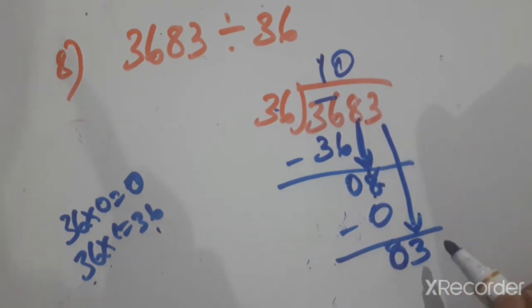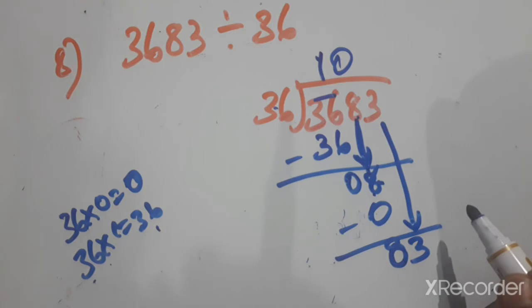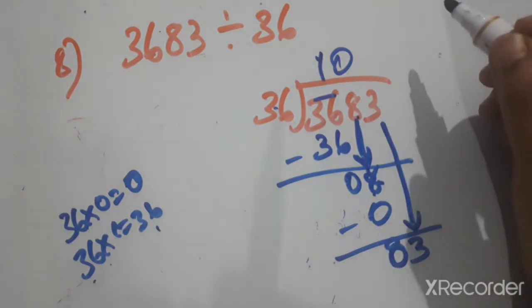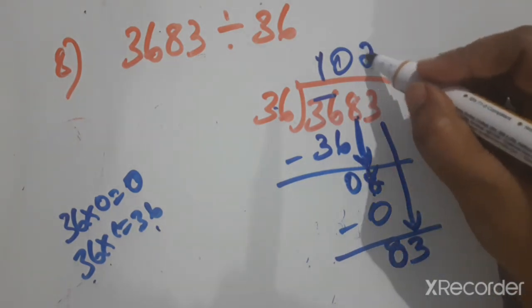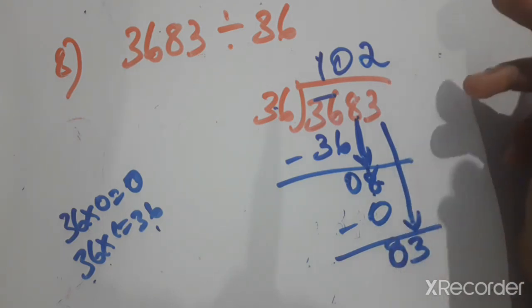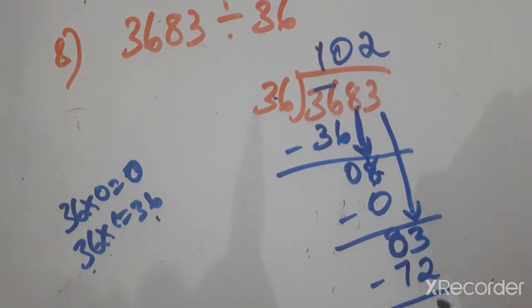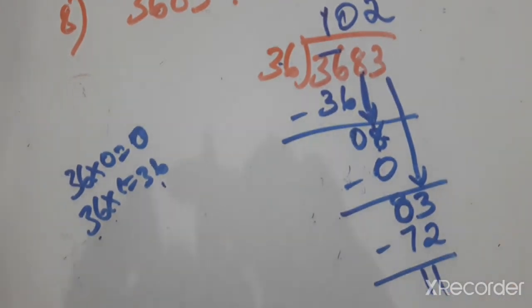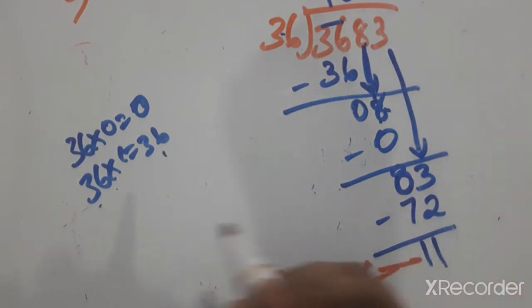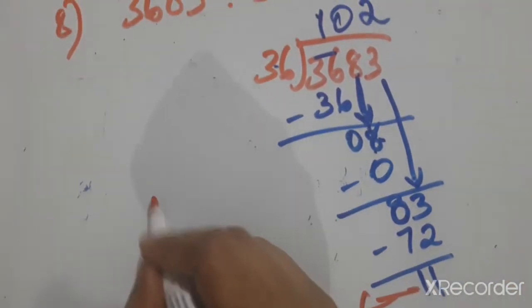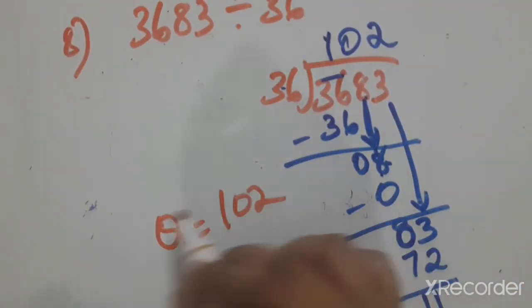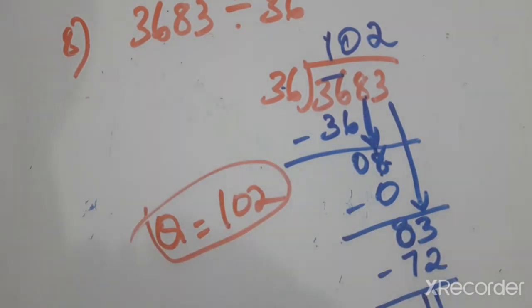Together it is 83. 36 twos are 72, and 36 threes are 90-something, so 36 twos are 72, the nearer one. 83 minus 72 is 11. So the remainder is 11 and the quotient is 102.